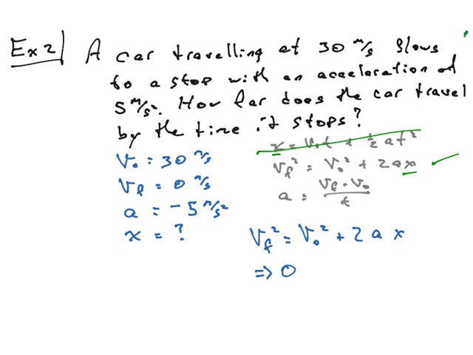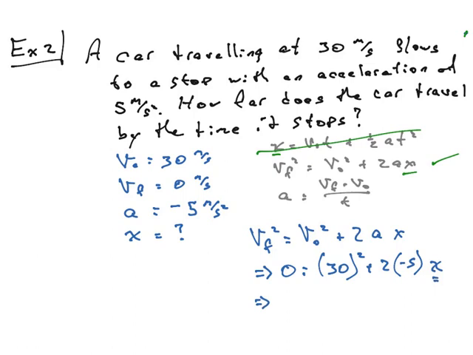VF, that's 0, equals initial velocity, V naught squared, that's 30 squared, plus 2 times the acceleration, -5, times x, the distance I'm looking for. All right, so there's our equation. X, this is the thing I'm looking for. So now it's just a matter of doing the algebra to solve for x.